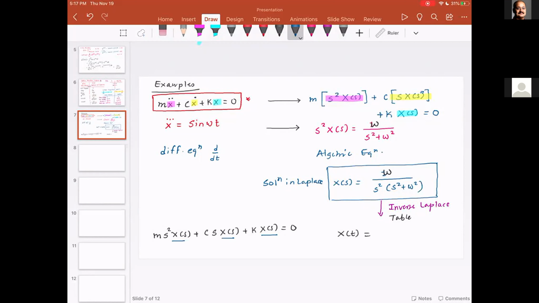So this equation simply becomes (m s square plus c s plus k) x of s is equal to 0.